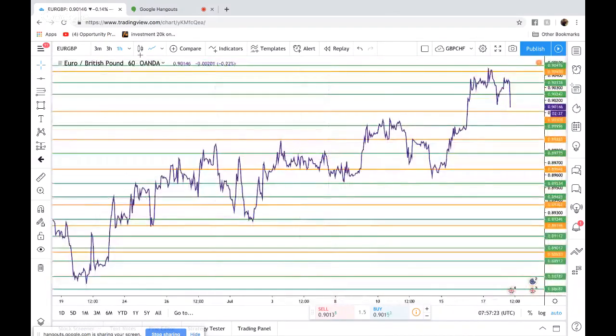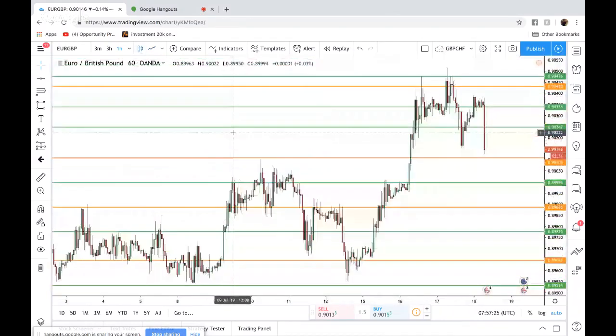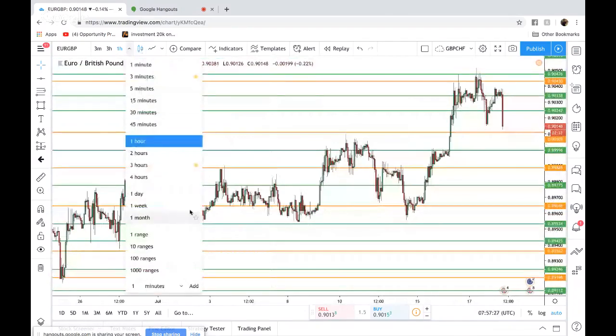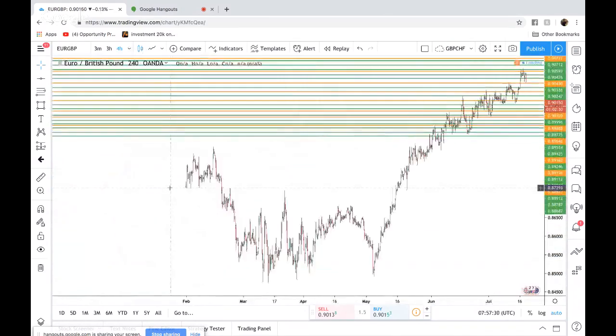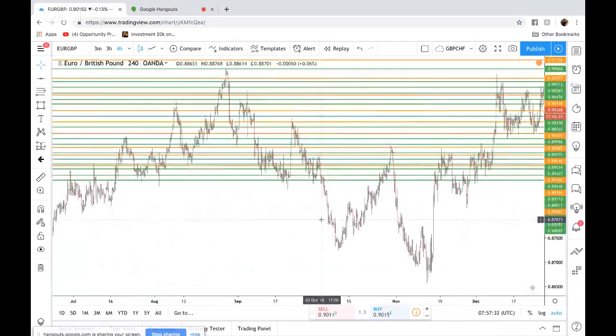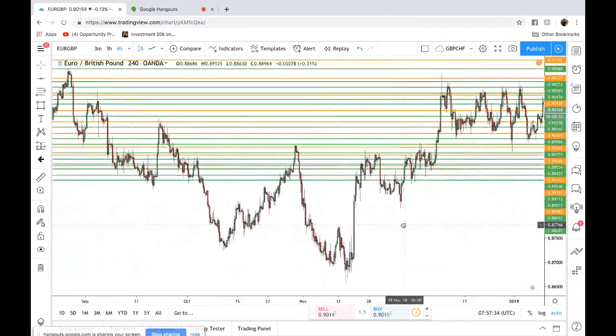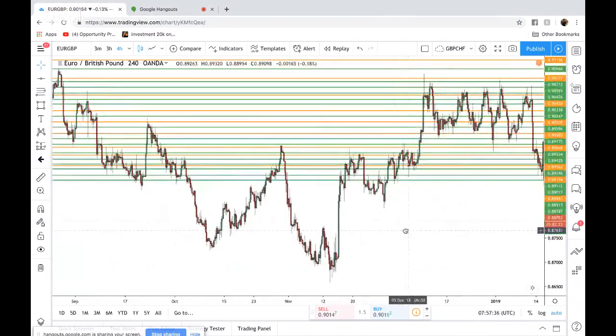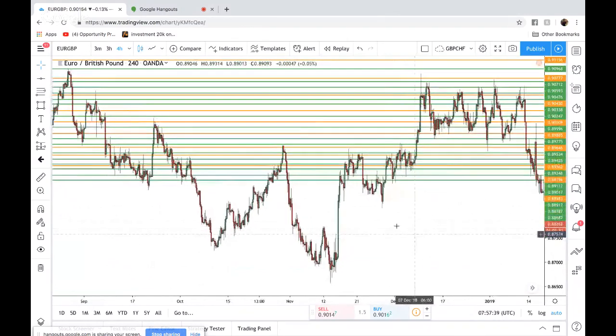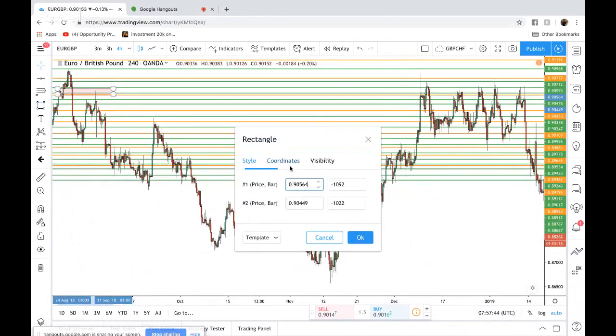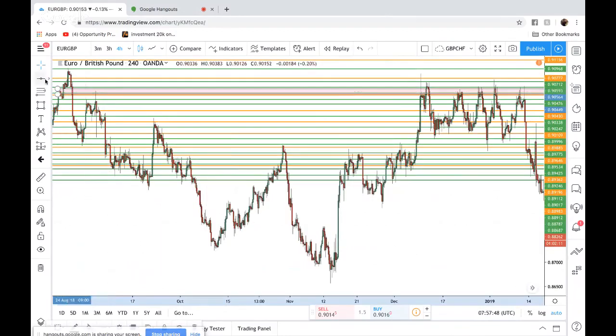Beautiful, beautiful. So let's go to this 4 hours, see if we can get any wick action for some zones. Alright. This looks right here.